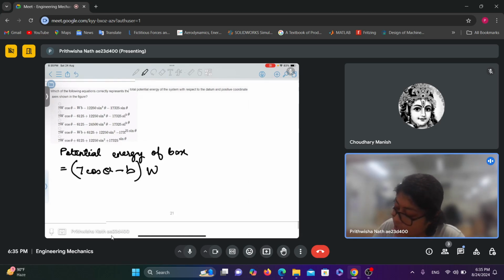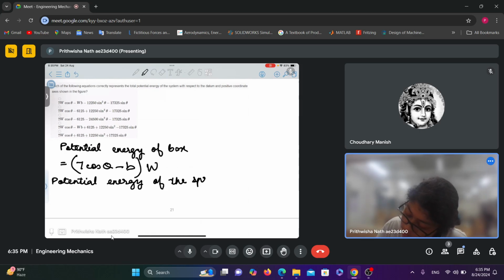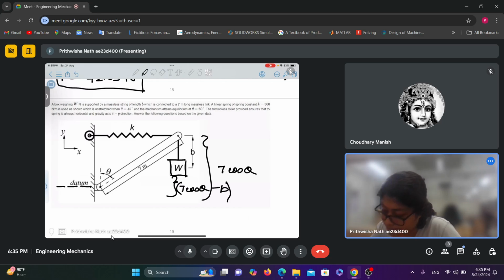And the potential energy of the spring. It is mentioned in the problem that it is unstretched when theta equals 45 degrees.